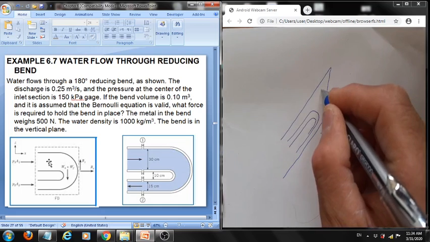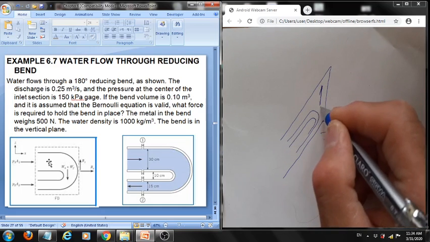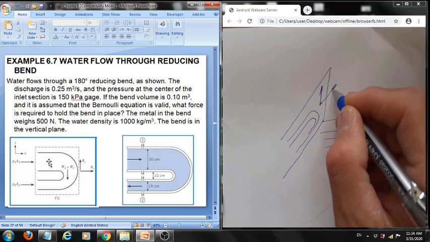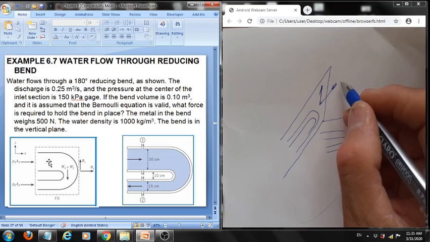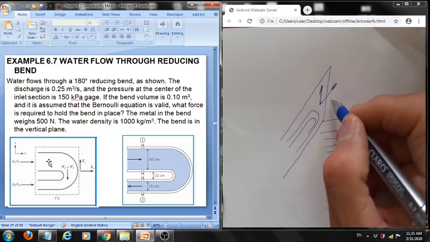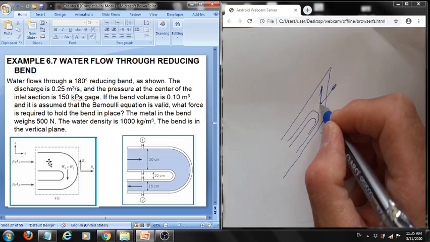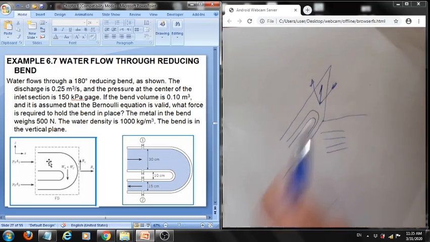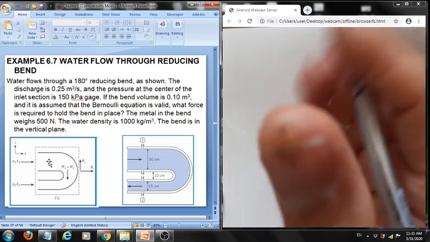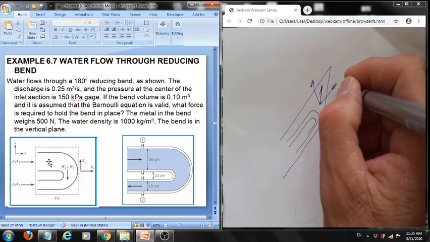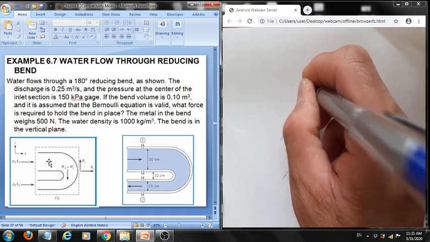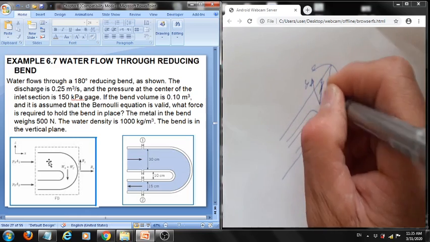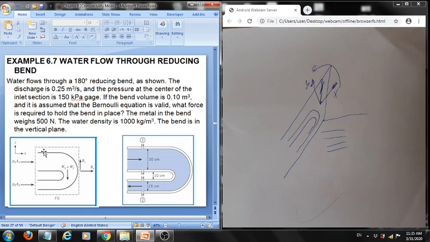So only in this direction, x in this direction, and then we have y perhaps inward to make a right hand rule, like this. So we have x, y, and z is along the wall as he's drawn it here.